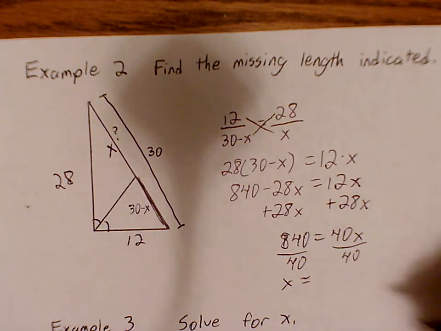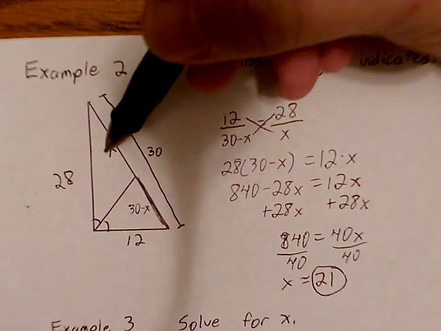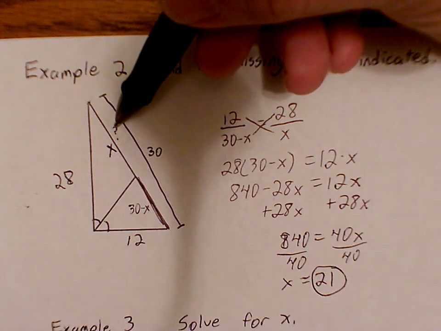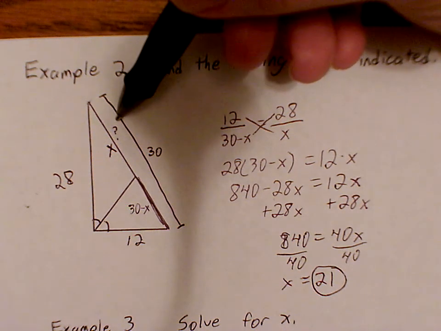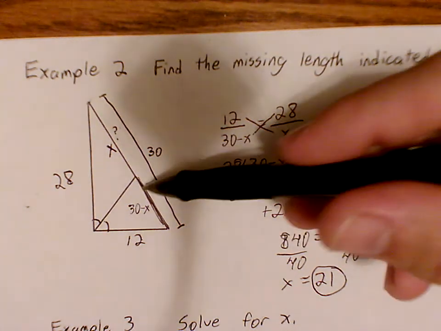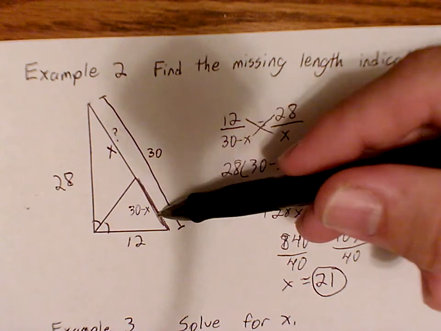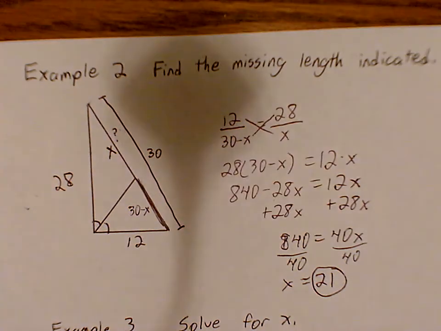Well, 84 divided by 4 is 21, so that's the length of the missing side. There's my answer. It was not actually an X on the problem. They used this little question mark symbol, which I don't really like. But there's my answer, easy as can be. Just make sure that you're representing this part with 30 minus x to get that.